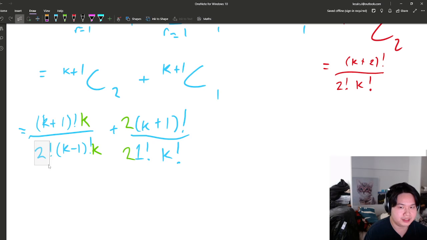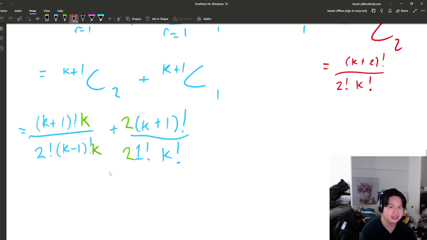So 2 factorial is literally 2 times 1. It's just 2. So 1 factorial is just 1. So this needs a times 2. This is a k factorial. This is a k minus 1 factorial. So if we just multiply that missing k, then this is the same as k factorial.